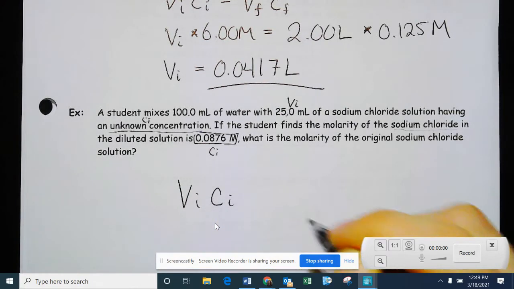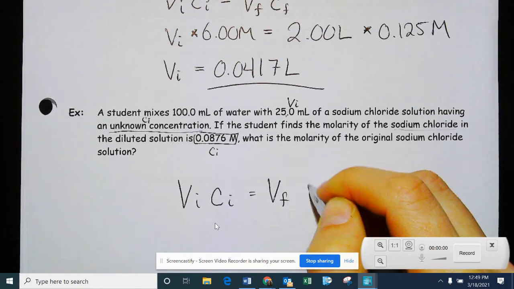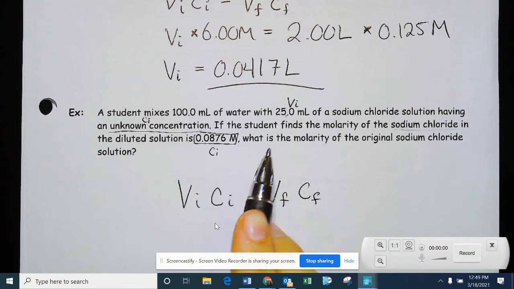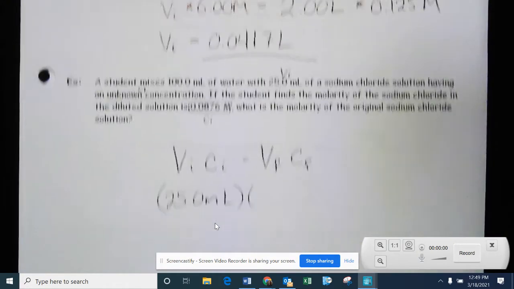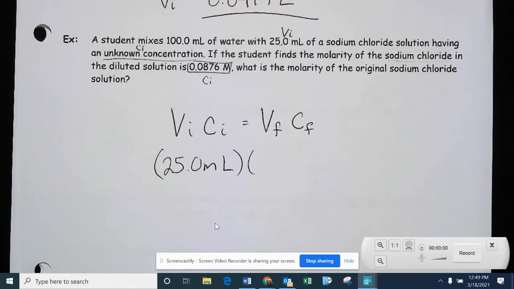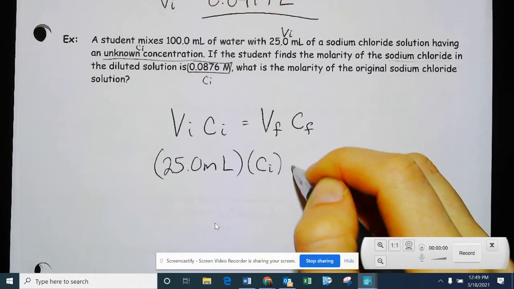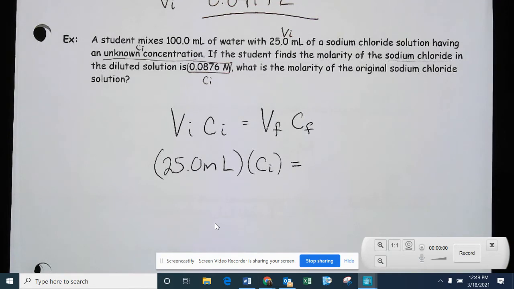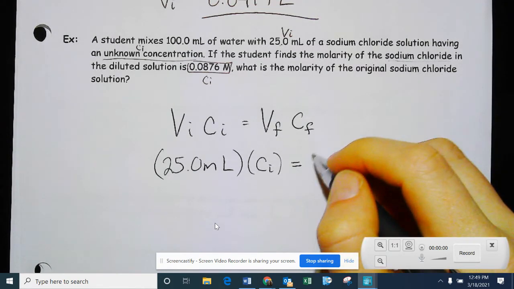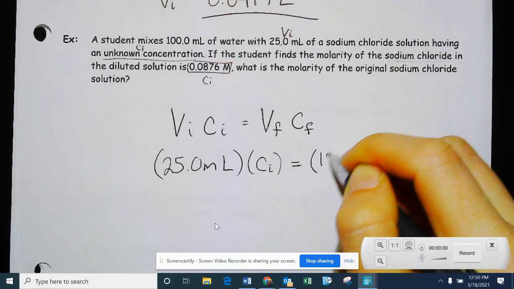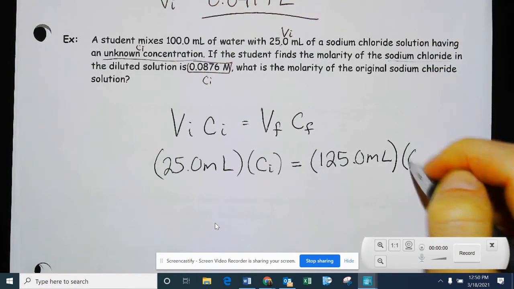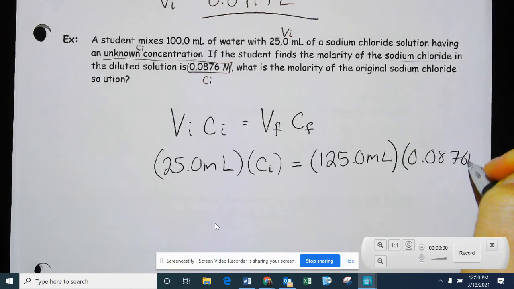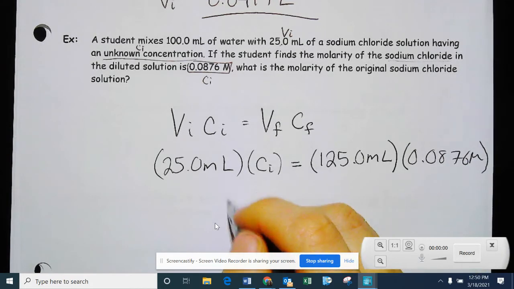VI, CI, initial, equals VF, CF, final. VI, 25 milliliters. I'll just bracket this instead of using multiplication signs. Concentration initial? We don't know it. Okay, what's my final volume, you guys? 125. And my final concentration, 0.0876 molar. Okay, solve for x.